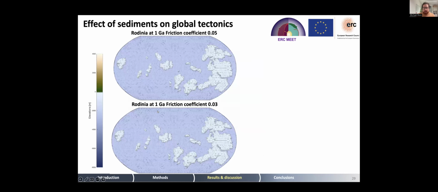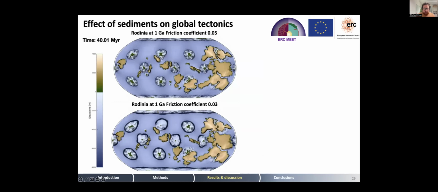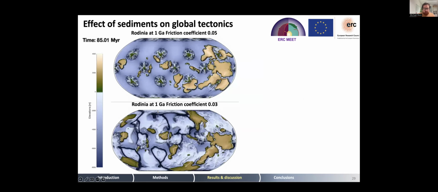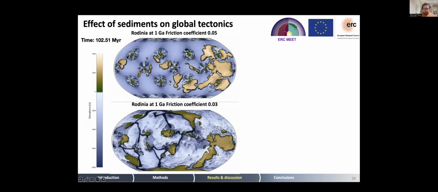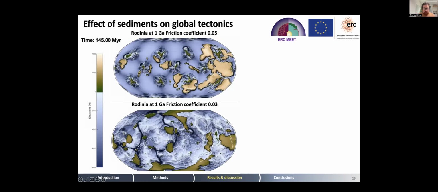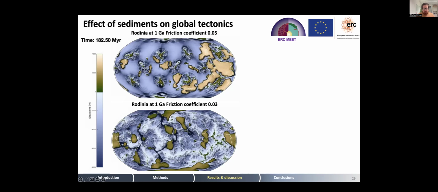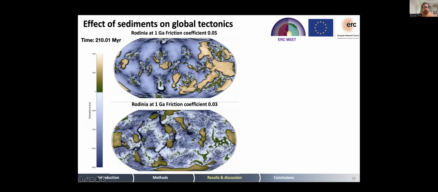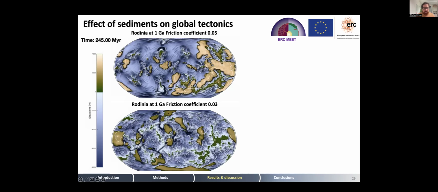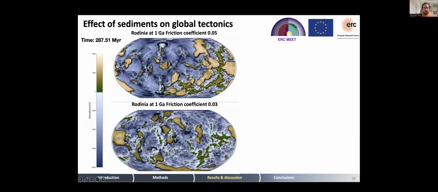And you can see that at the beginning, the plumes are reaching the surface, and we quickly connect those different subductions to form major subduction zones and global plate tectonics in the model with friction of 0.03, such as present day. But with the friction of 0.05, we form small-scale regional subduction zones, but not so much global tectonics.